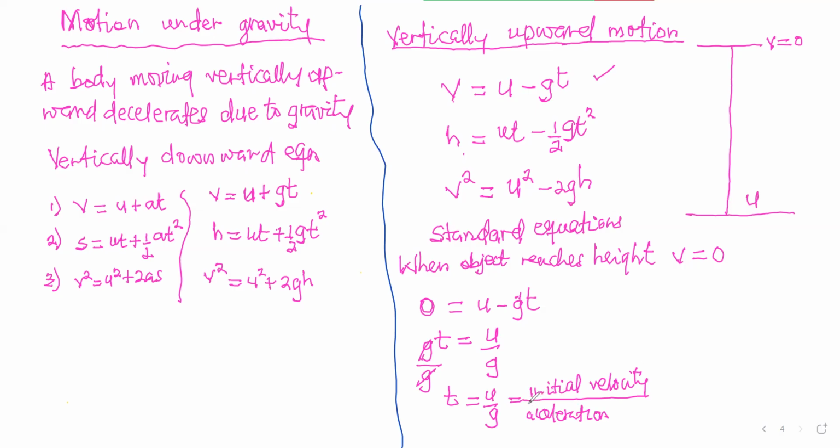Okay, example. An object is thrown vertically upward with an initial velocity of 50 meters per second.